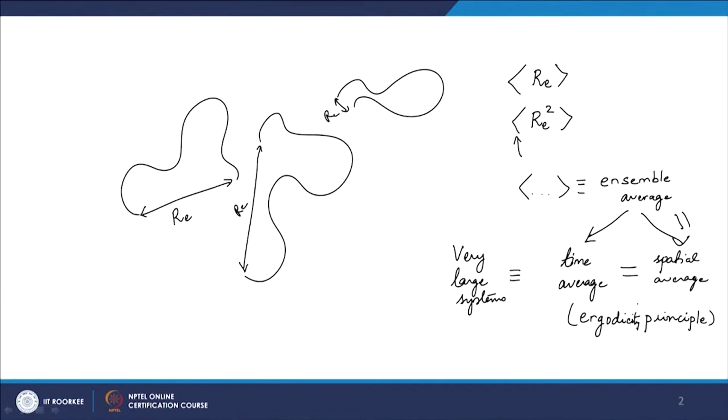Going back to the representation of the polymer chain as a random walk, let me briefly illustrate why exactly the random walk represents a model of the polymer chain.